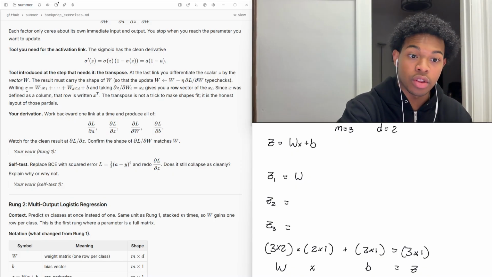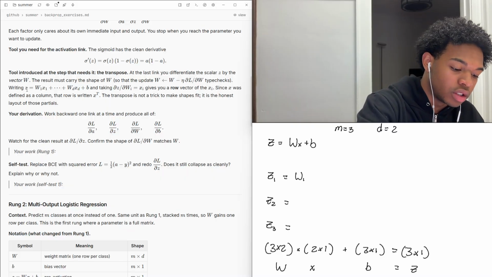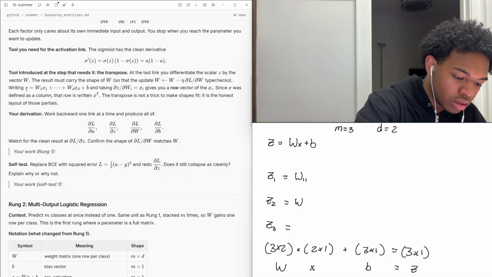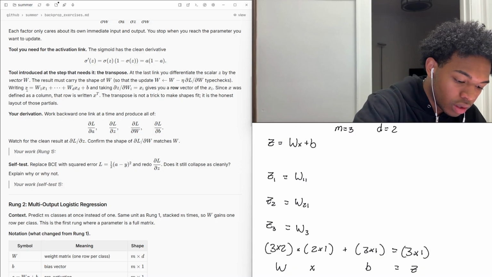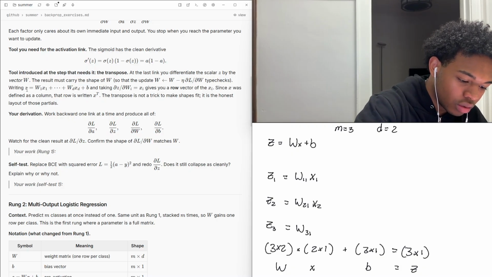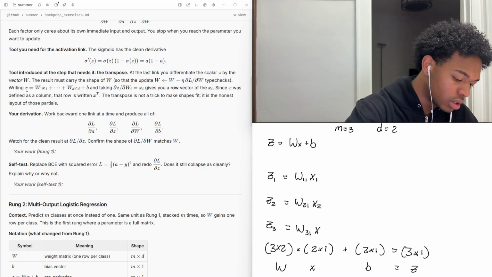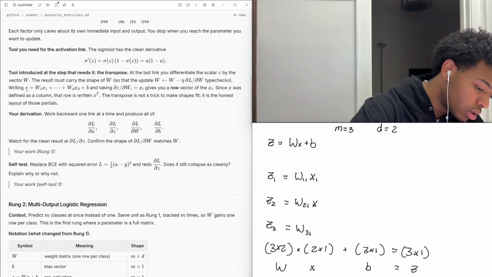W has 3 rows. So row by column is W1,1, W2,1, W3,1. X1, X2, X3. Wait, no. It's X1 in every case.